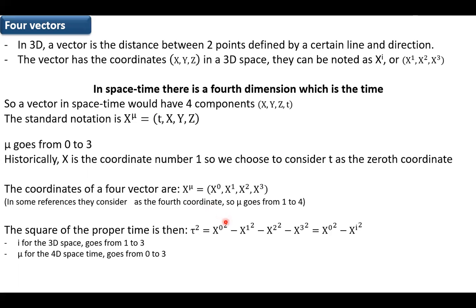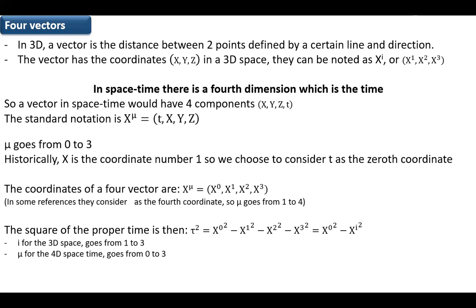In some older references, they consider t as the 4th coordinate. They consider time as the 4th coordinate, and they tell you that mu goes from 1 to 4 instead of from 0 to 3. So if you see it in some reference, it's the same.